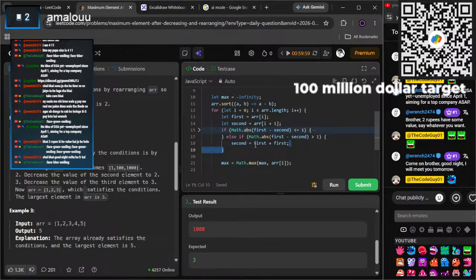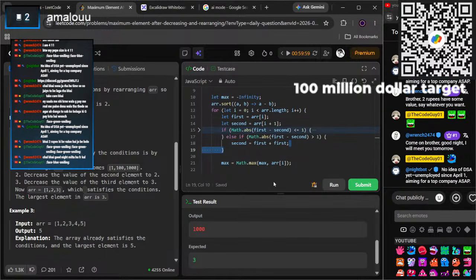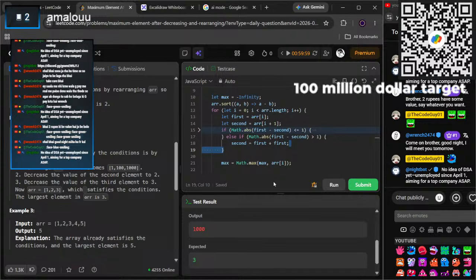Math absolute of first minus second is greater than 1, then I'm going to change my number back. If first number is 1, then I'm going to add 1 for that and store it back inside the second.